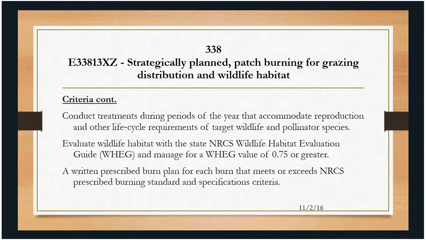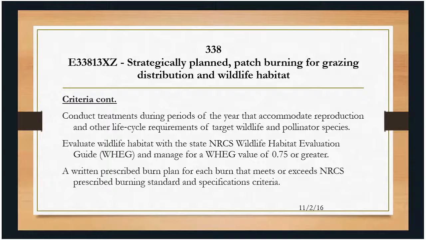Conduct treatments during times of the year that accommodate the reproduction cycles of the wildlife. You want a WEG score of 0.75 or greater after these practices. You want a written prescribed burn plan for each burn that meets or exceeds NRCS prescribed burning standard.